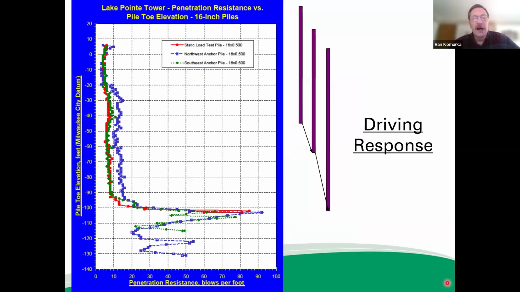So presenting the driving response, on the vertical axis, we have pile toe elevation. These 3 schematics here are just here to indicate that these values are plotted as the pile goes deeper. The pile toe is going deeper, and this is the penetration resistance at those various toe elevations.